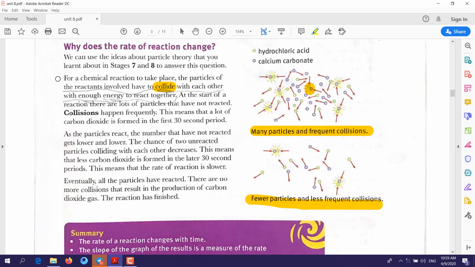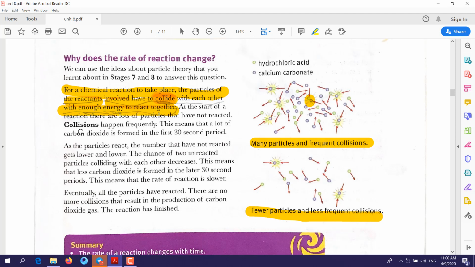So for a chemical reaction to take place, the particles of the reactants, here hydrochloric acid and calcium carbonate, have to collide. You should focus on this: they have to collide with each other with enough energy to react together.